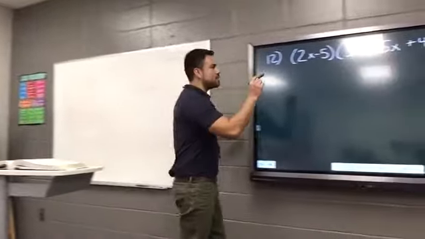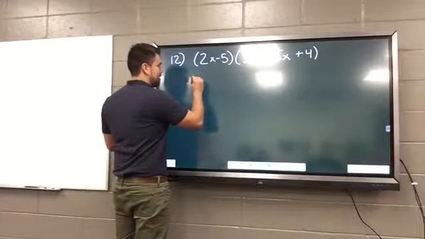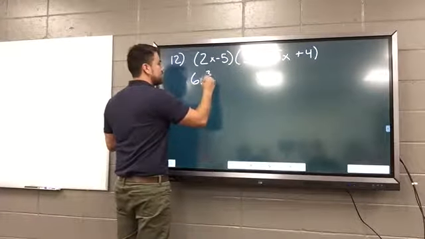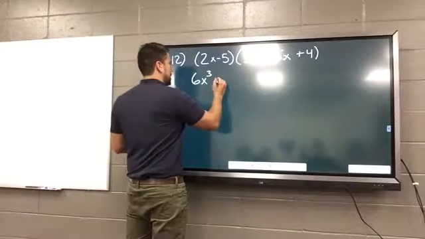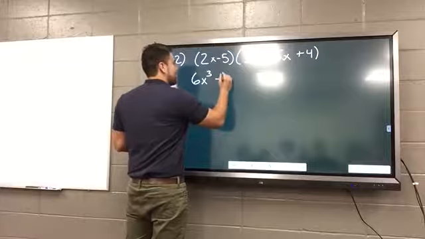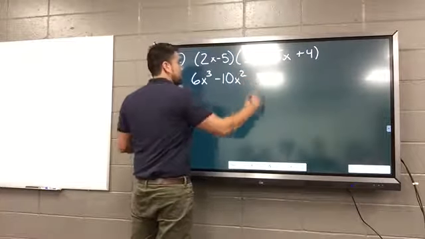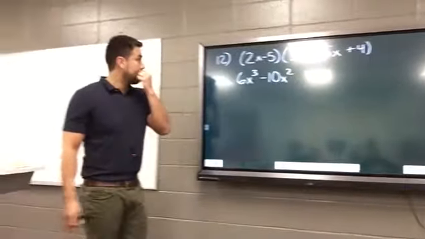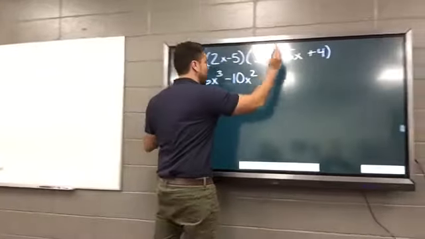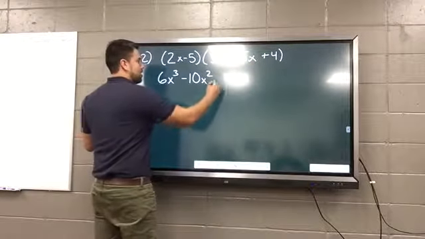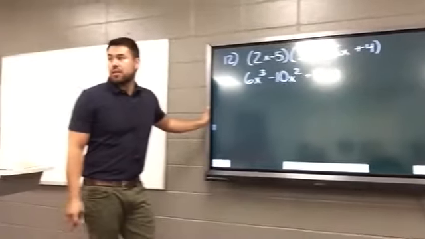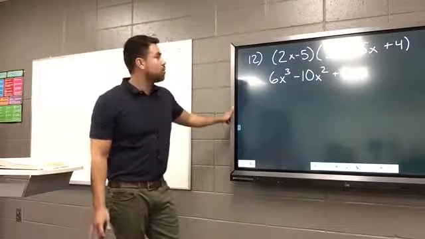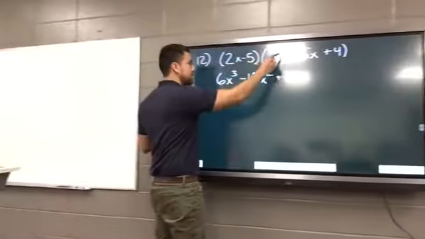Josh, what's 2x times 3x squared? 6x cubed. Taylor, what's 2x times negative 5x? Negative 10x squared. Kendall, what's 2x times 4? It's 8x. Harper, what's negative 5 times 3x squared?